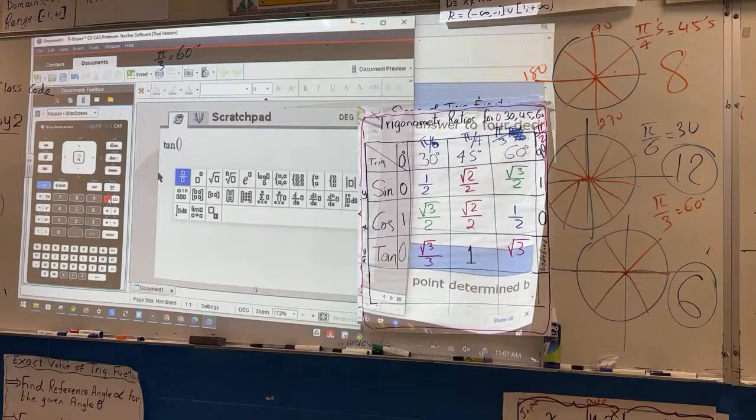So I guess if you put the degree sign, it changes to the actual number, but I'm not sure. Let's see where I'm making a mistake on the calculator. Let me see if I can put it here.